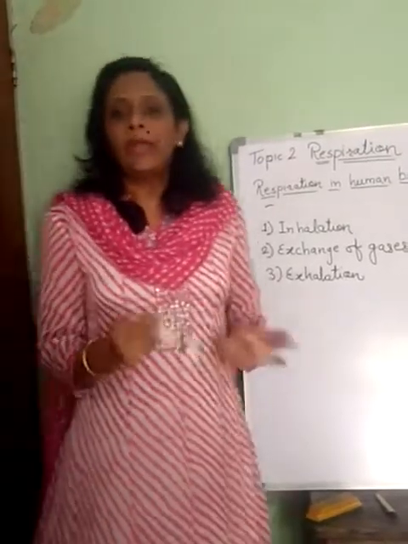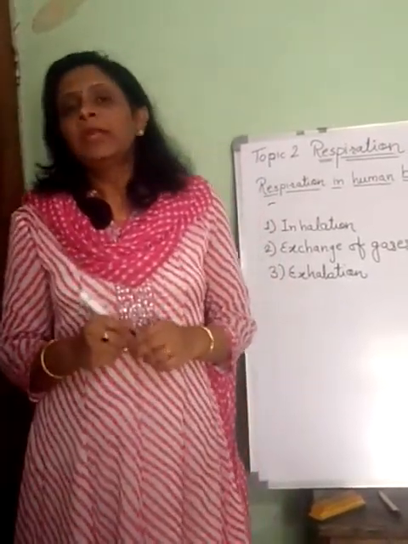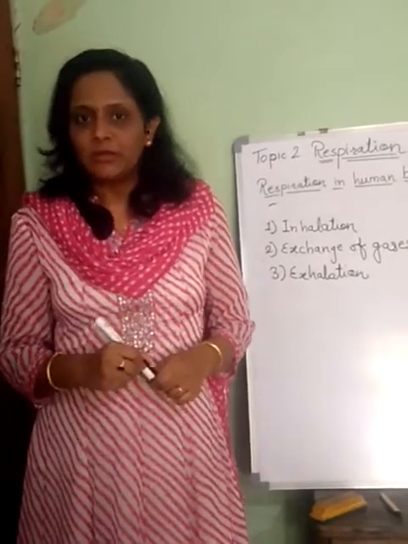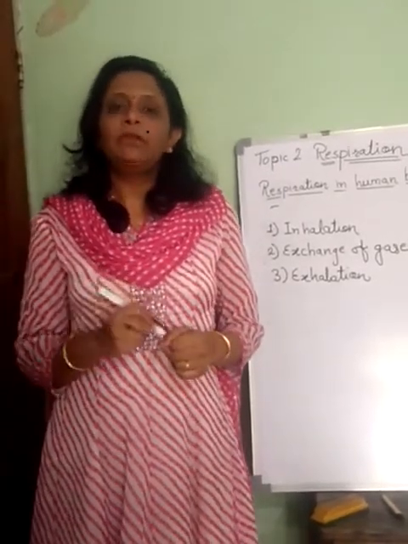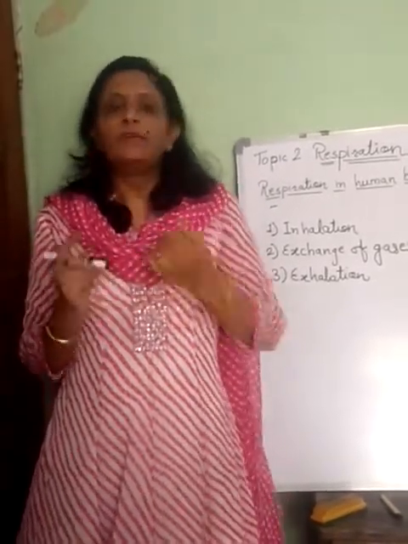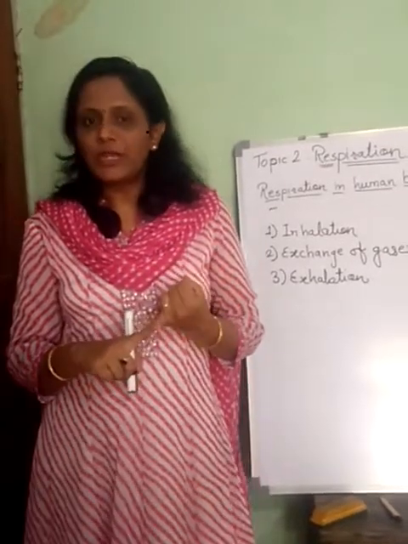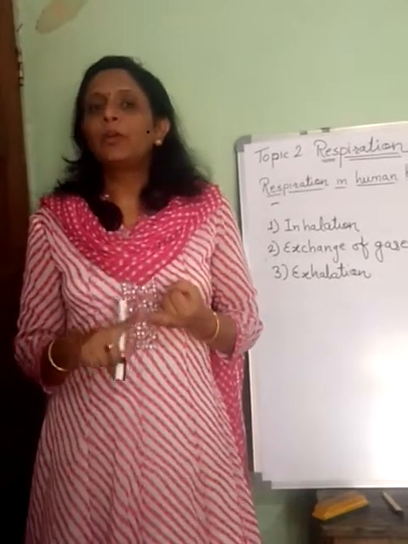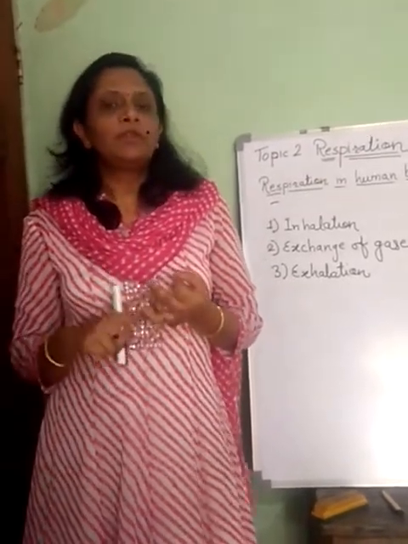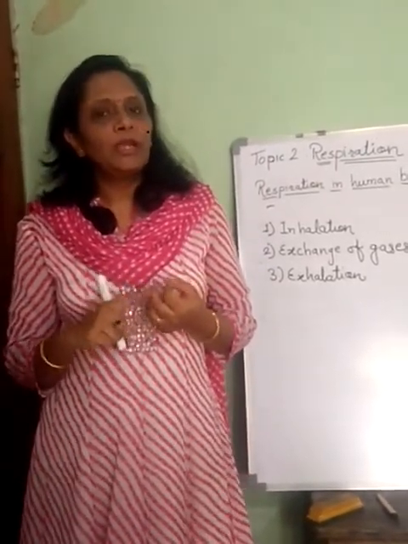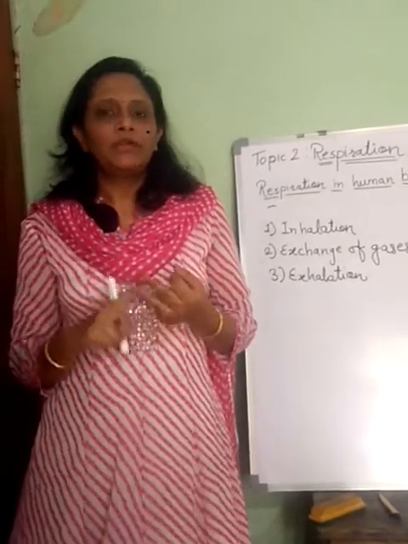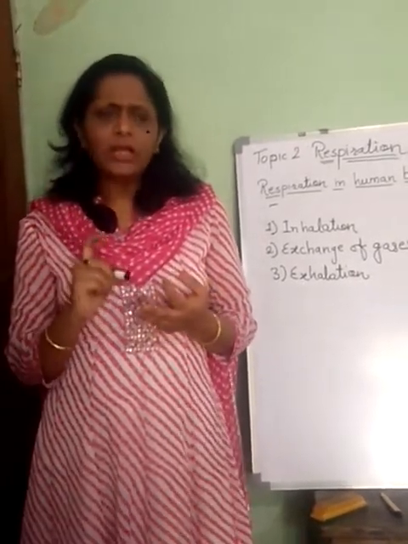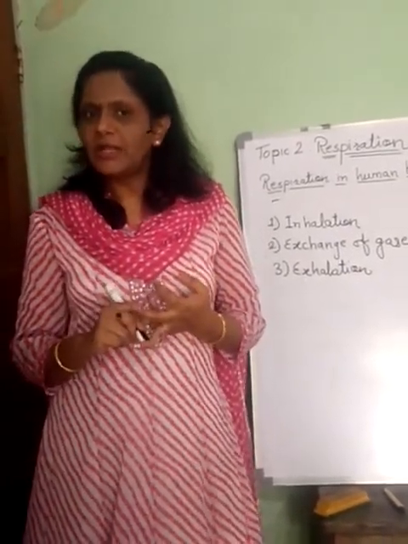So here we end the second topic, that is respiration. In this chapter we have seen different points: first the definition of respiration, then the types of respiration, aerobic and anaerobic. We have seen the difference between aerobic and anaerobic respiration, and the chemical equation for aerobic respiration.